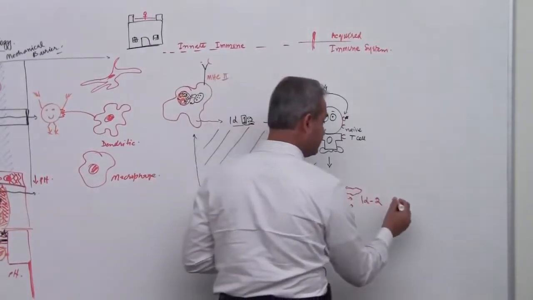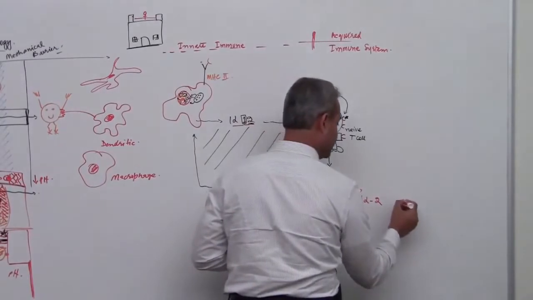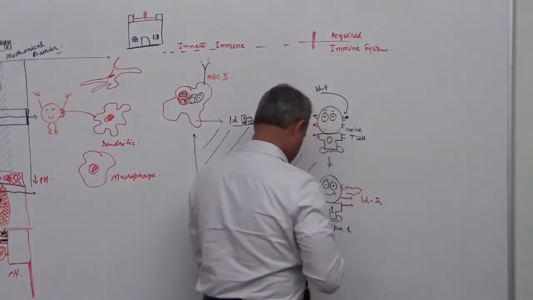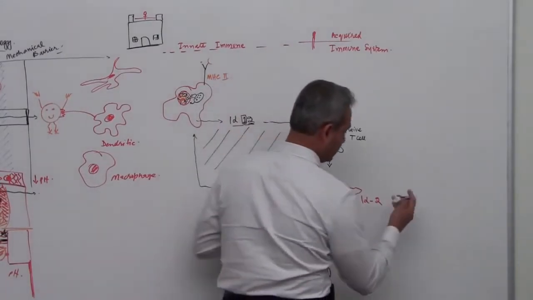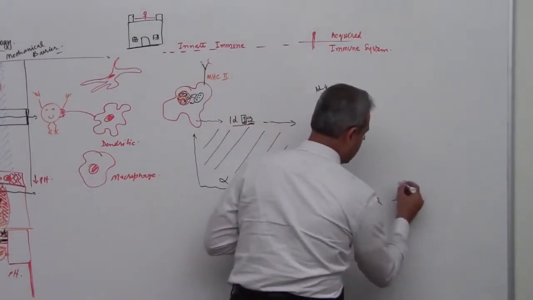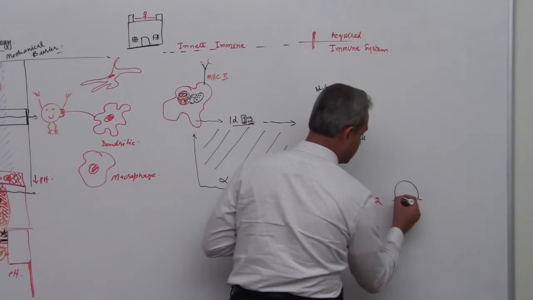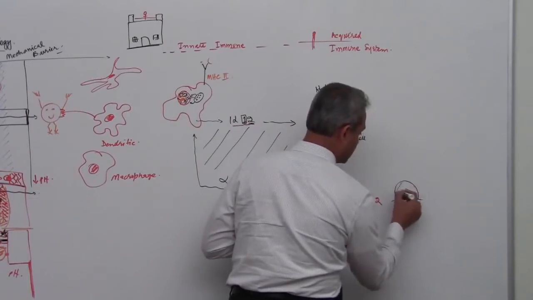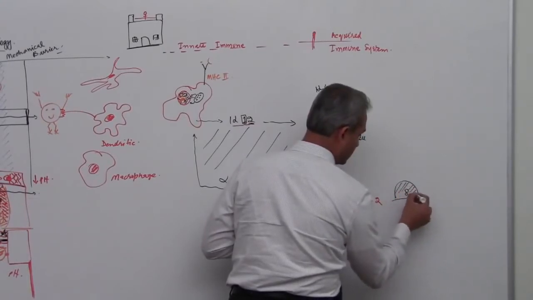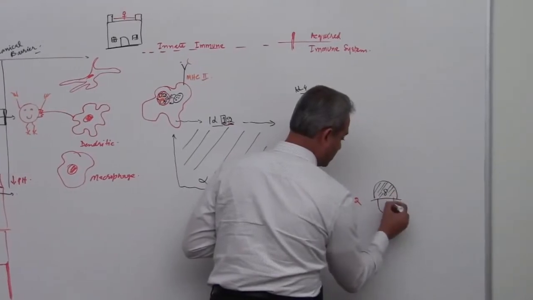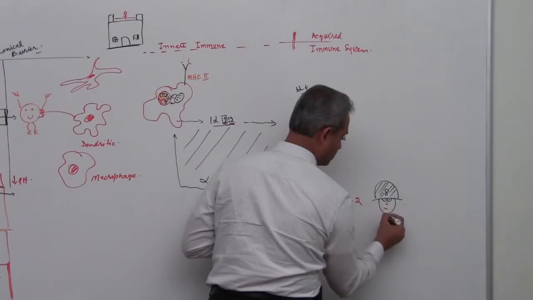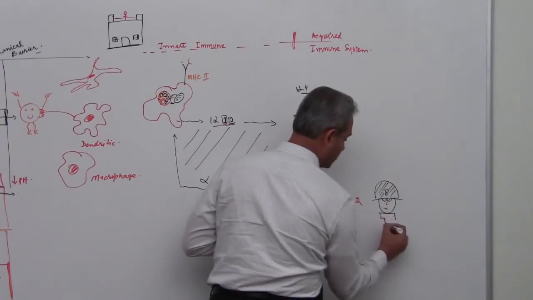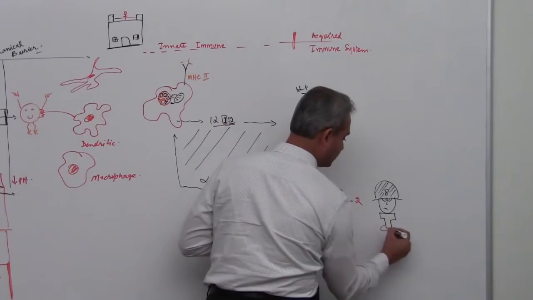Then another T cell sitting here, so I'll make it something like this. Let's say, so here is a scary looking T cell.